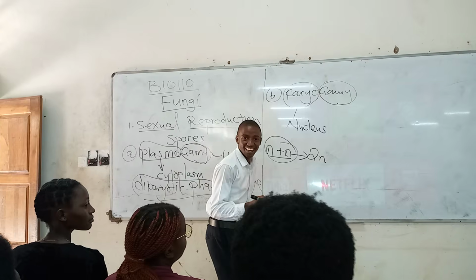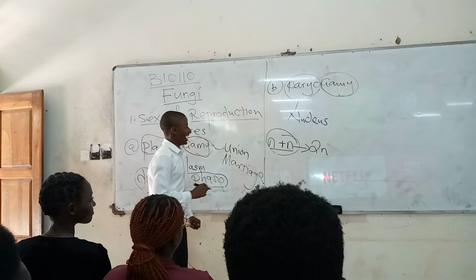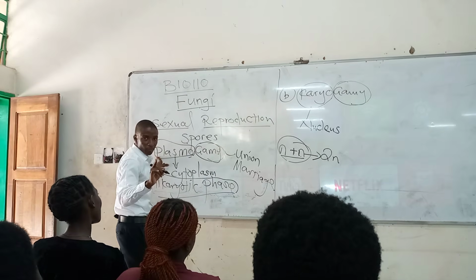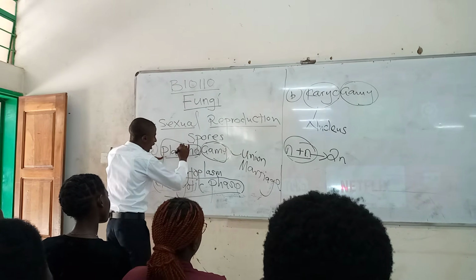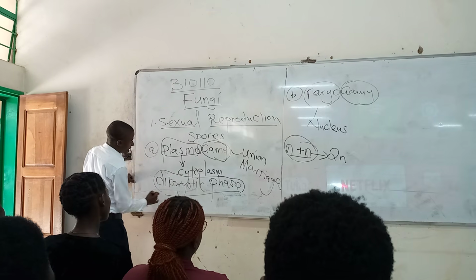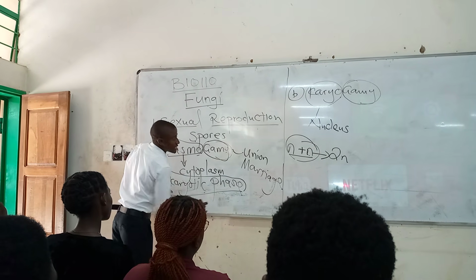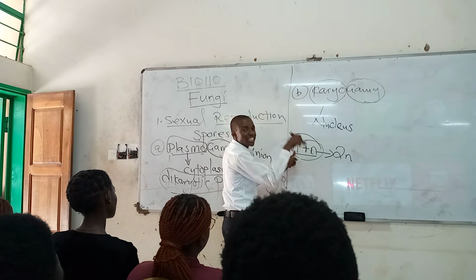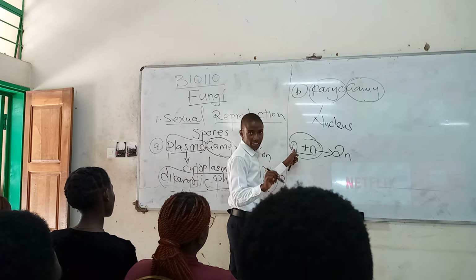Okay, listen. Like I said, at first plasmogamy is going to take place, and in this same stage the dikaryotic phase is going to take place, where two distinct nuclei are formed.